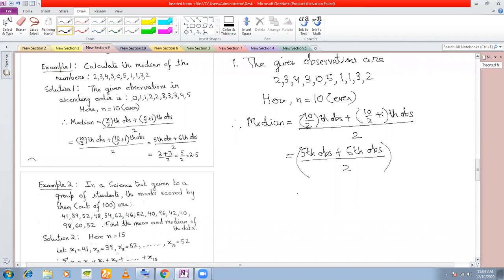This is your median. But we will not know which one is the 5th observation and which one is the 6th observation unless we arrange it in ascending order.